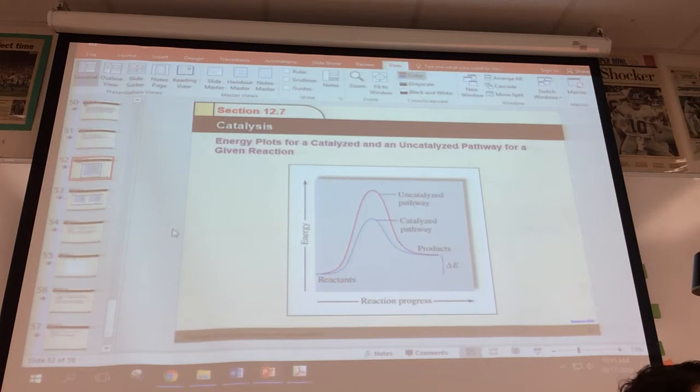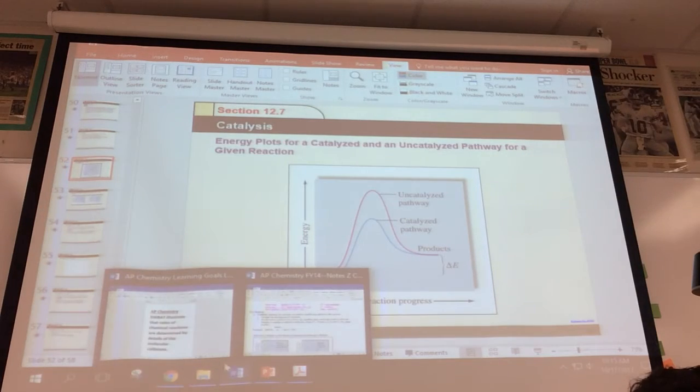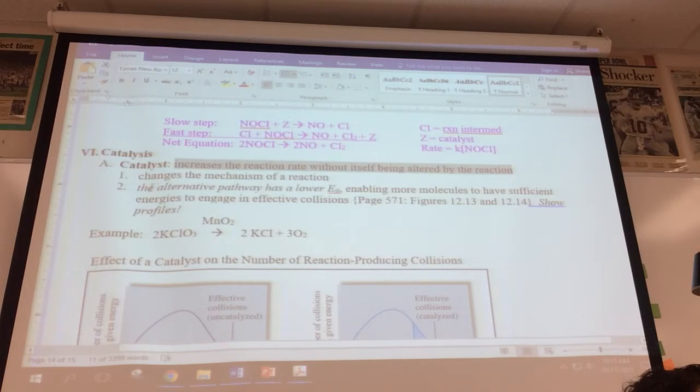Whenever you've seen profiles of catalysts, you've probably seen it like that, where here's the uncatalyzed pathway, here's the catalyzed pathway. What a catalyst actually does is it provides an alternative pathway, a different mechanism that has a lower activation energy. And now more molecules will have enough energy to engage in effective collisions.